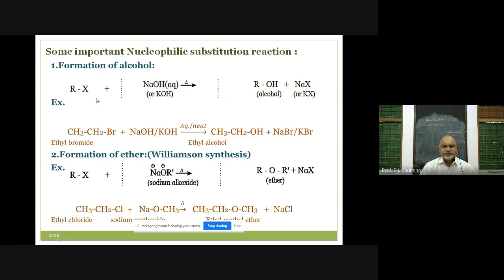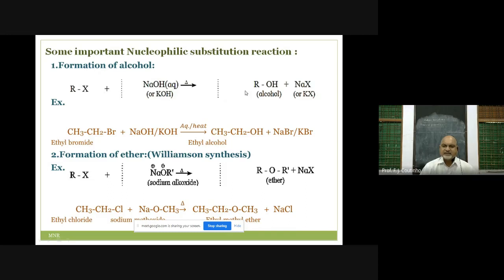You get a substitution reaction taking place where RX ionizes into R plus and X minus, where this alkali also ionizes into Na plus and OH minus. So X minus and OH minus, both are nucleophiles. But as I said earlier, OH minus is a stronger nucleophile than X minus.